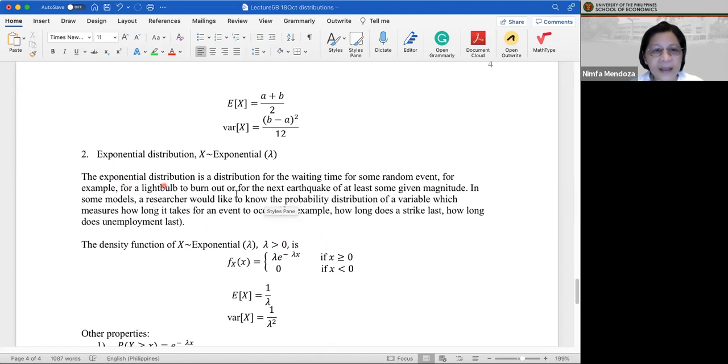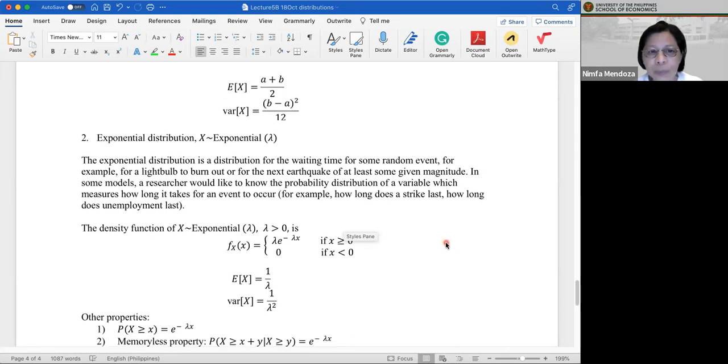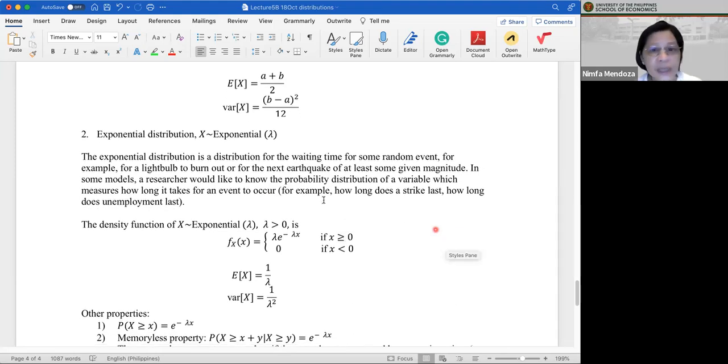The exponential distribution is a distribution for the waiting time for some random event. In some models, a researcher would like to know the probability of a variable which measures how long it takes for an event to occur. For example, how long does a strike last? How long does unemployment last?